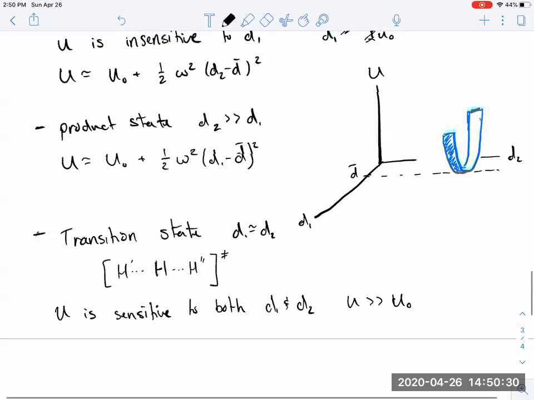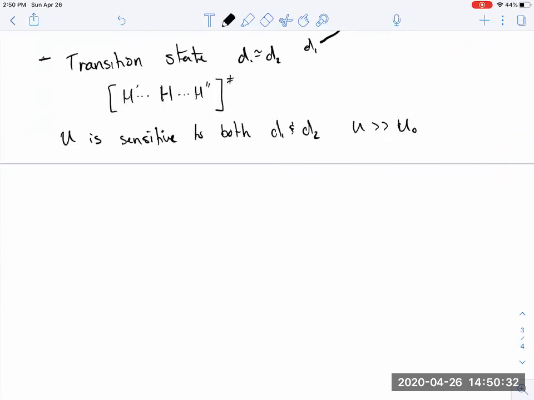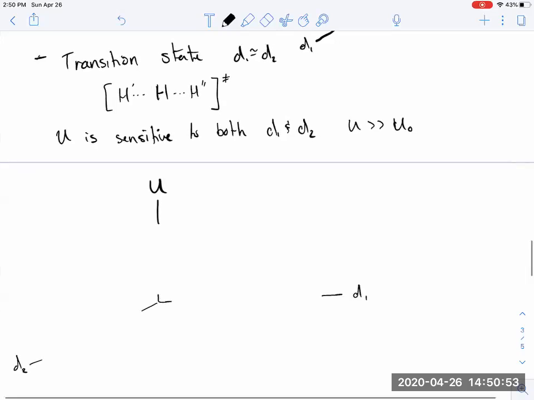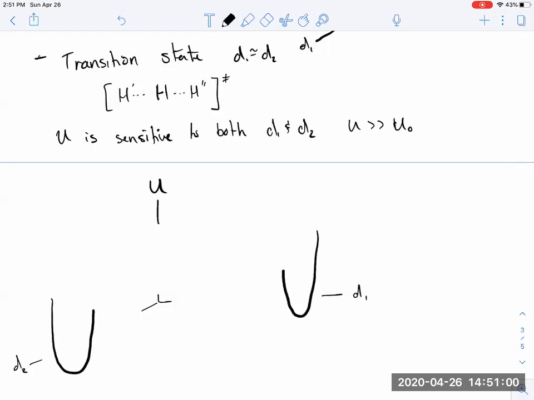And so if we try to give this a draw, we'll have some potential. We have an extension of D1, extension of D2. We had our harmonic potentials for those reactants and products.